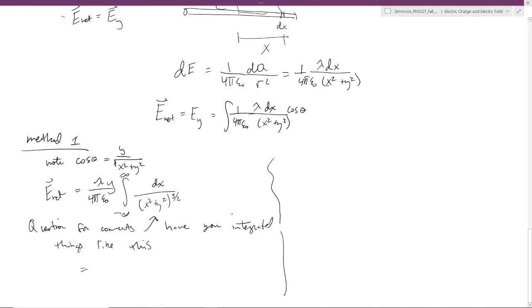So we get lambda over y 4 pi epsilon naught times 2 over y squared. So if you have Mathematica or something, you could evaluate that. Notice we'll lose a factor of y. So we'll simplify slightly. And we find that the electric field is going to be lambda over 2 pi epsilon naught.